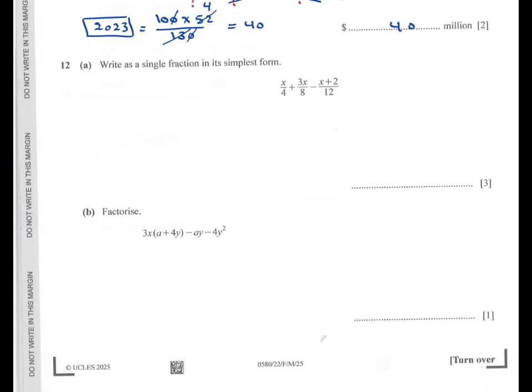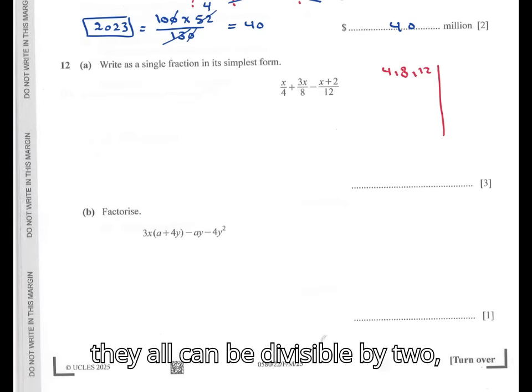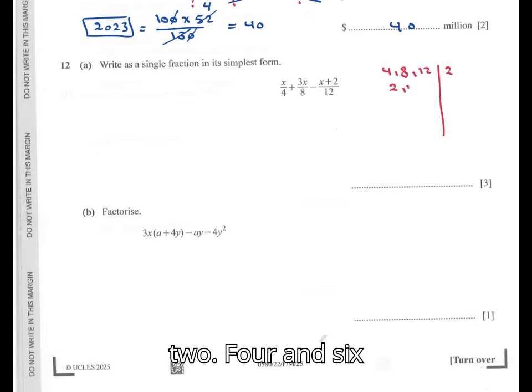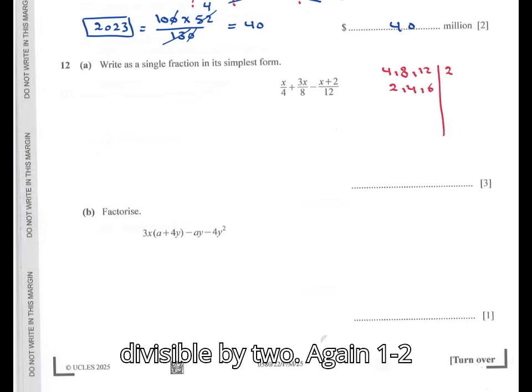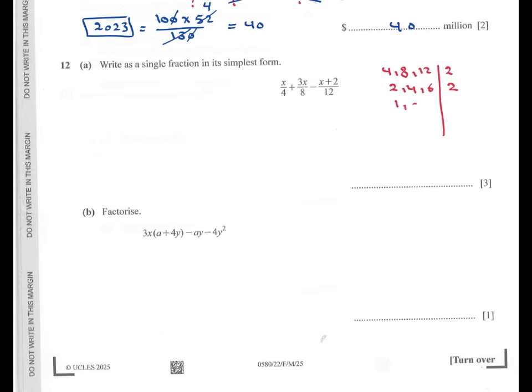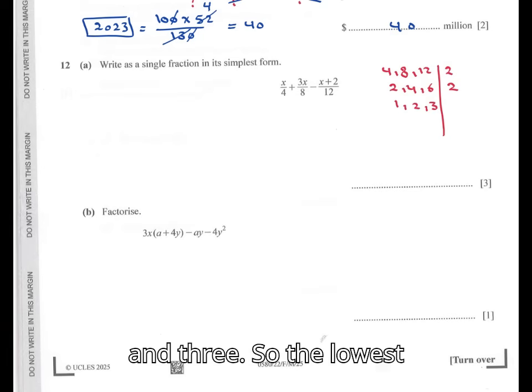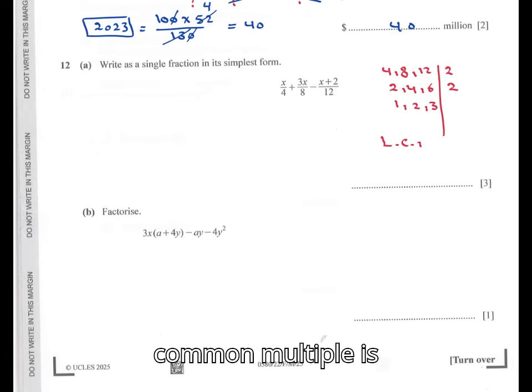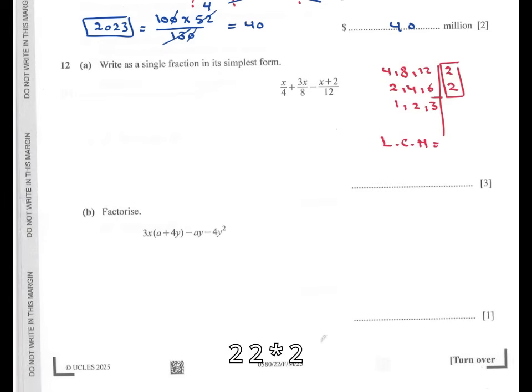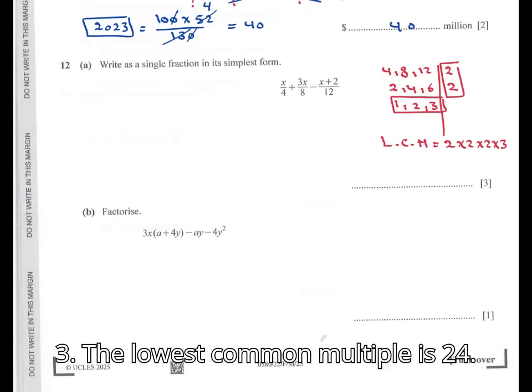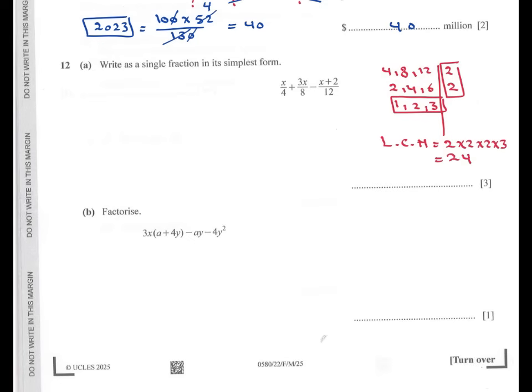If we factorize 4, 8, and 12, they all can be divisible by 2: 2, 4, and 6, divisible by 2 again: 1, 2, and 3. So the lowest common multiple is 2 times 2 times 2 times 3. The lowest common multiple is 24.